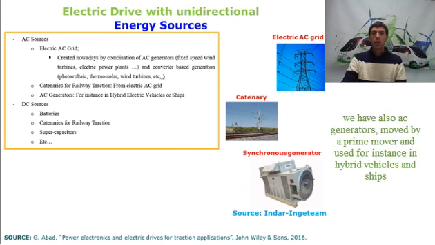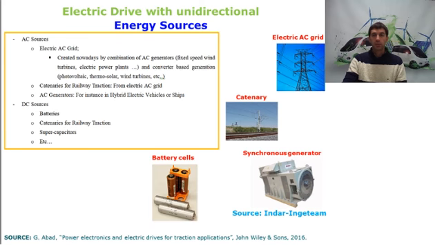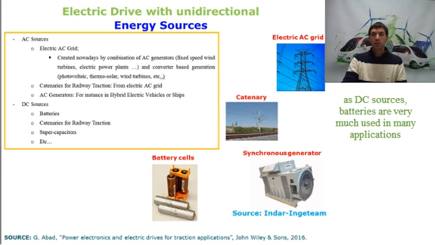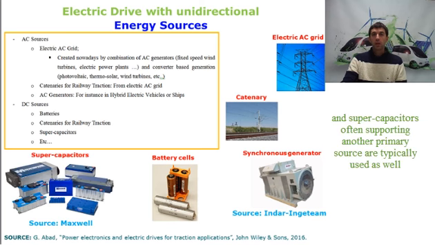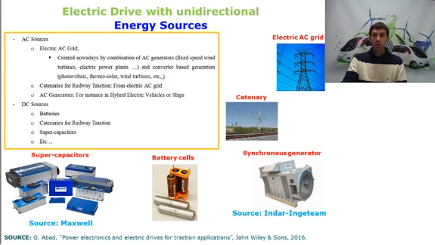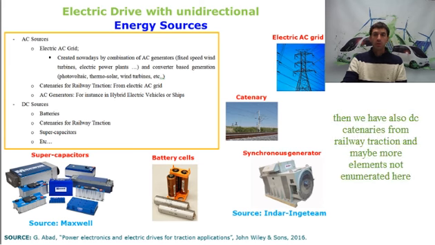We have also AC generators moved by a prime mover and used, for instance, in hybrid vehicles and ships. As DC sources, batteries are very much used in many applications. And supercapacitors, often supporting another primary source, are typically used as well. Then we have also DC catenaries for rail traction, and maybe more elements not enumerated here.